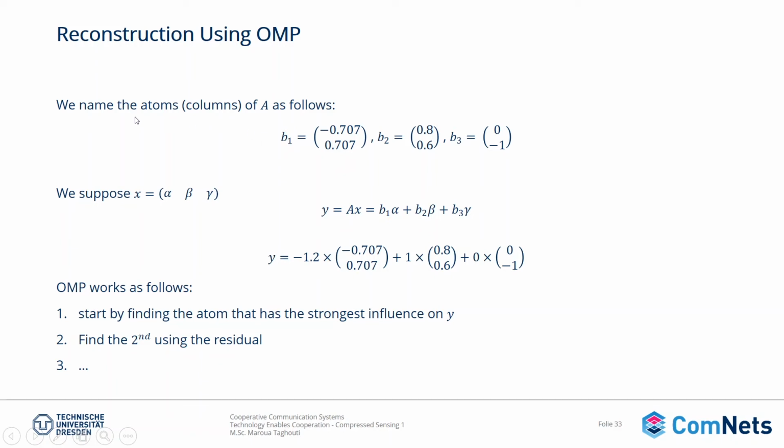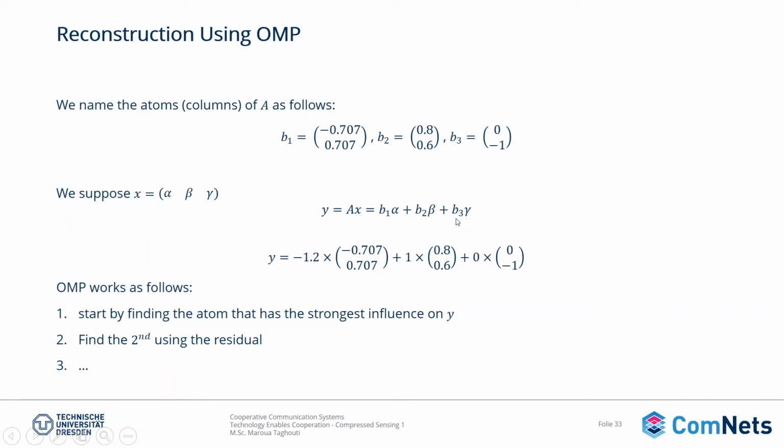First we name the columns of A, also called atoms. It's preferred to use the word atoms. We break them into b1, b2, and b3, and then we suppose that our signal x could be written as alpha, beta, gamma. It has three components.